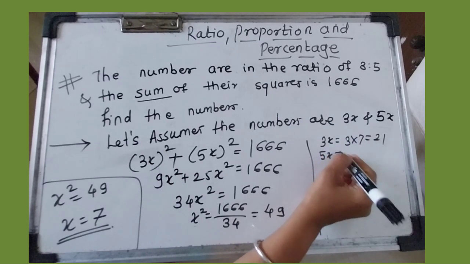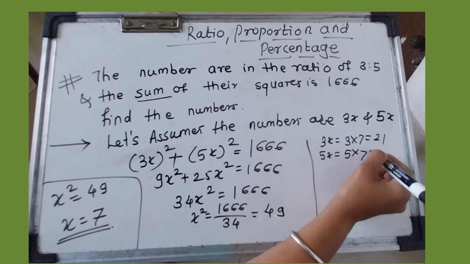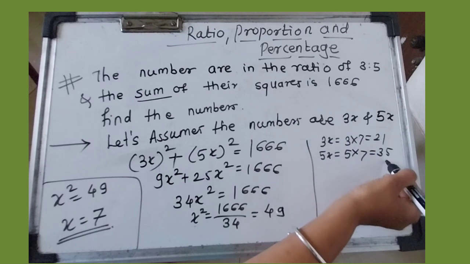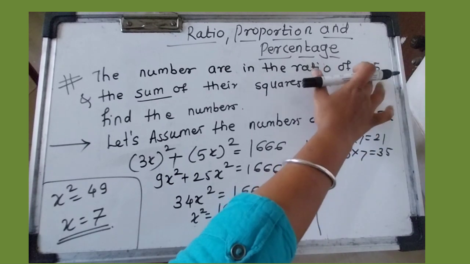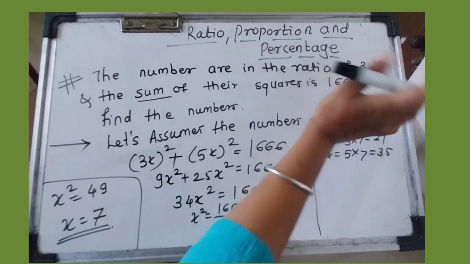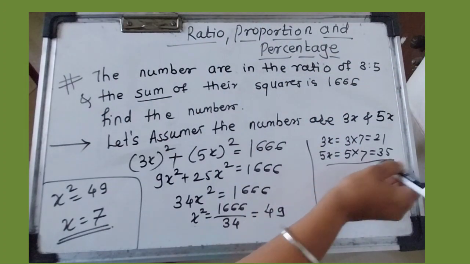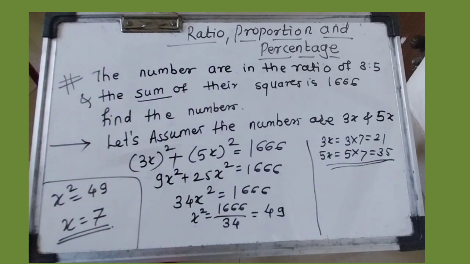Here 5x, 5 into 7, so it is 35. If I take the ratio of 21 by 35, I get the smallest ratio, 3:5. So hence the numbers are 21 and 35. Take a screenshot.